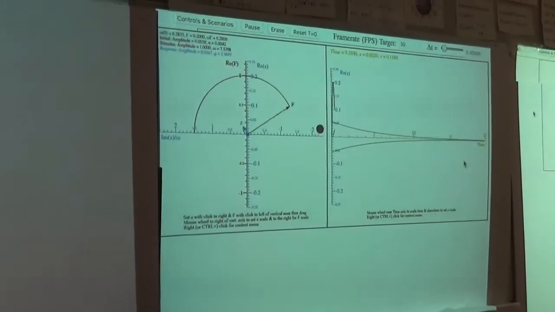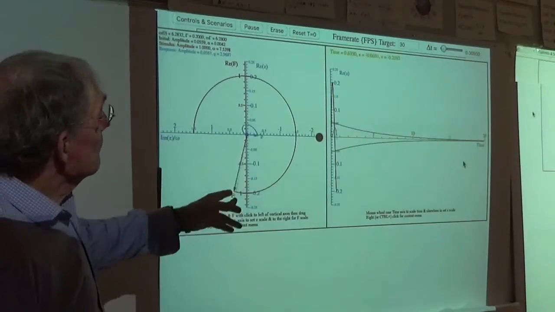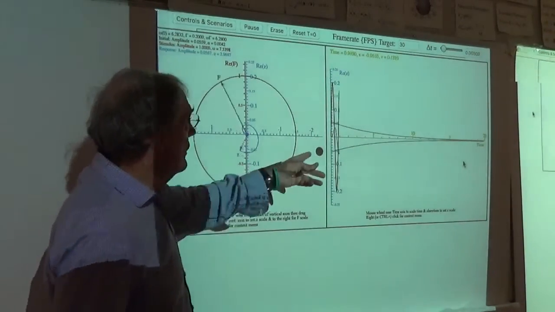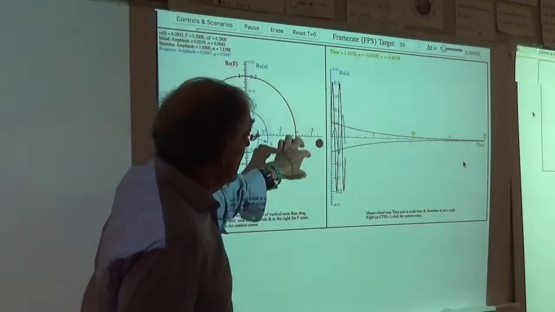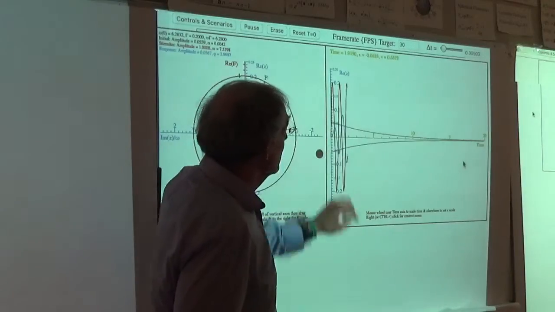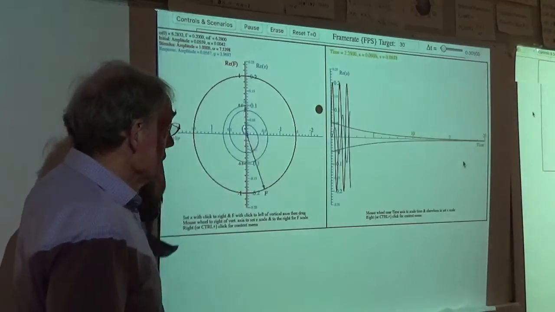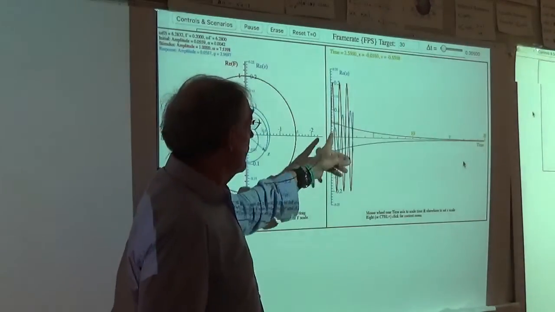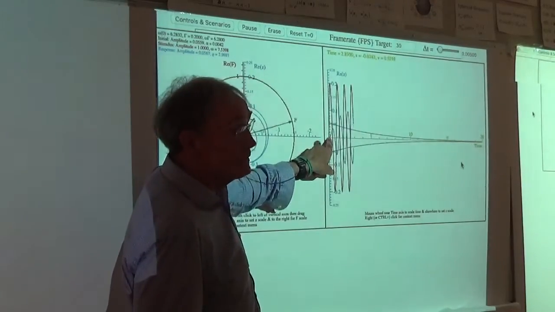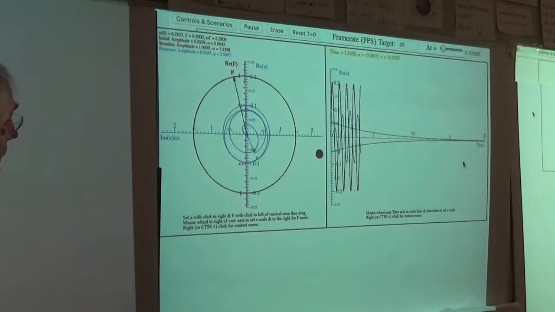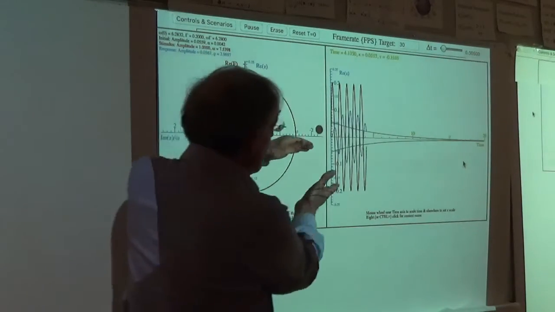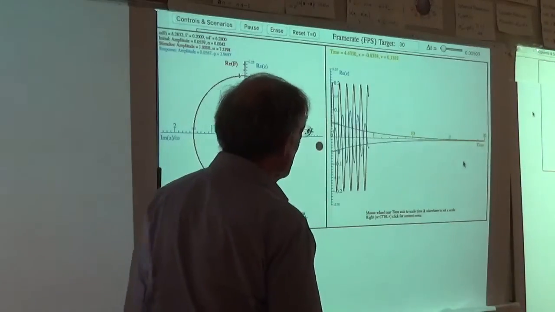Now you can see what I need to get this thing to the right initial conditions. Its response at this particular frequency is about that big, so I had to have negative that in order to start out at 0. Okay, so there's the transient behavior there.